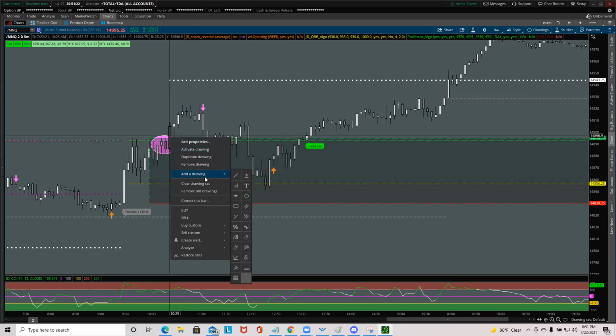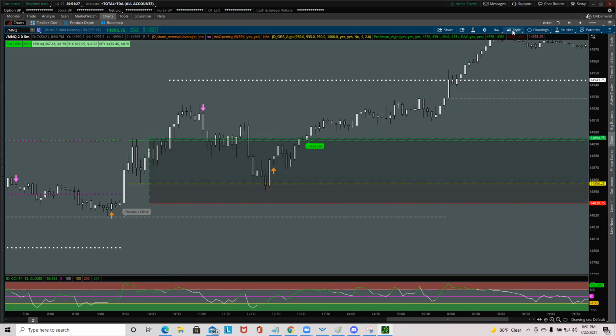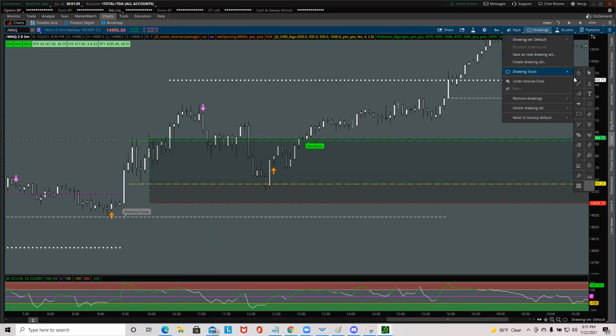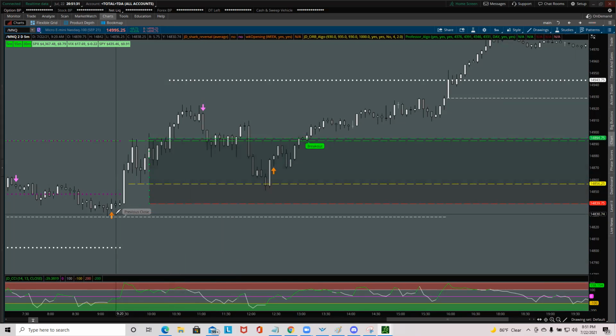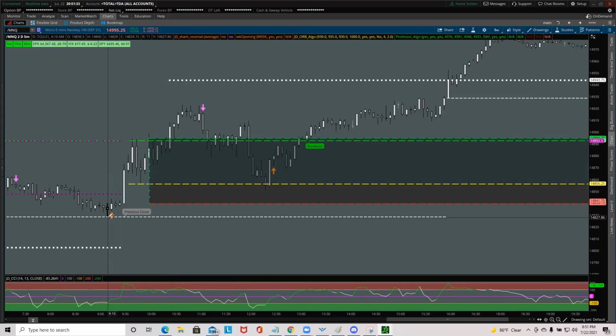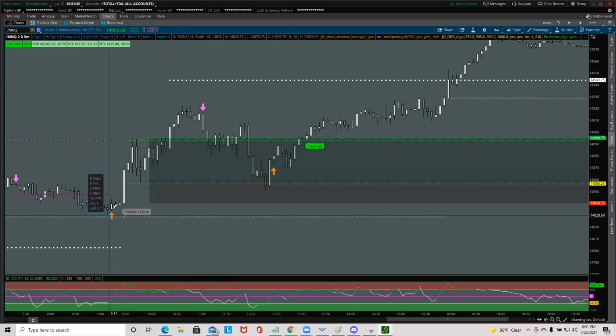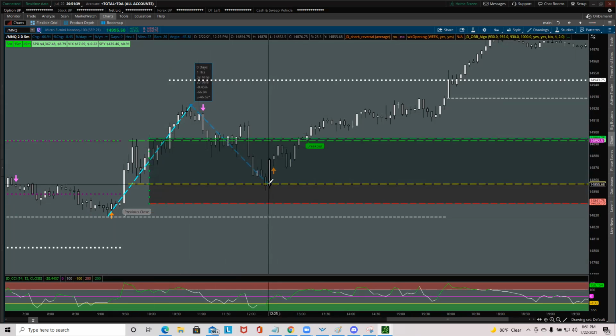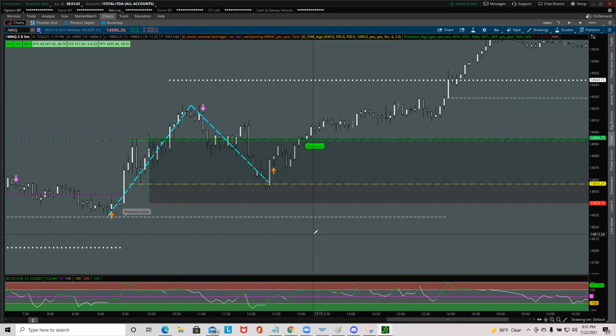I personally wait for this to happen because that's tied into the next topic we're going to talk about with futures, which is the ABCD pattern. This is my favorite trade ever. I wait for that arrow pointing down.